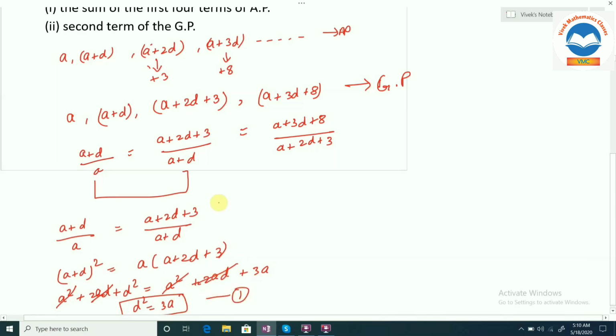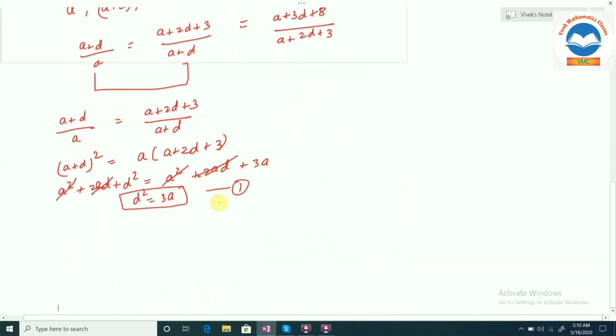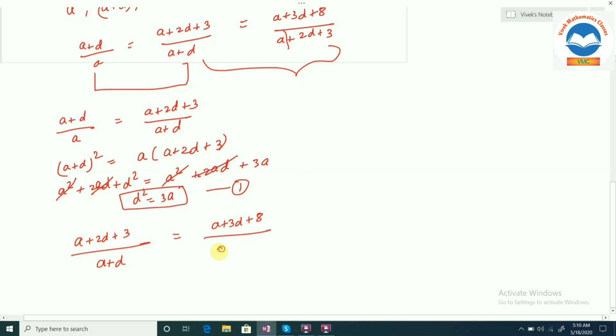Now next, what they have given? Okay, if you equate this second and third, these two, so what we will get? We will get A plus 2D plus 3 divided by A plus D equal to A plus 3D plus 8 divided by A plus 2D plus 3.